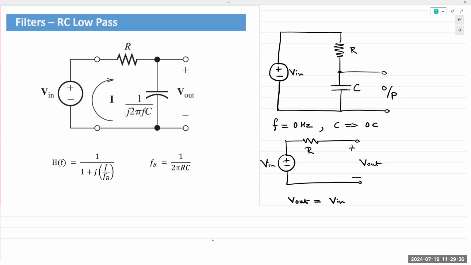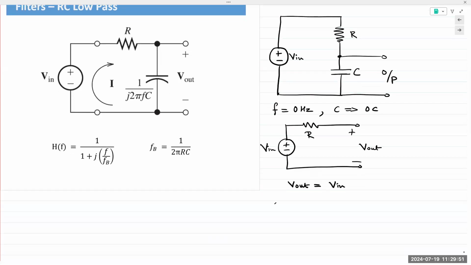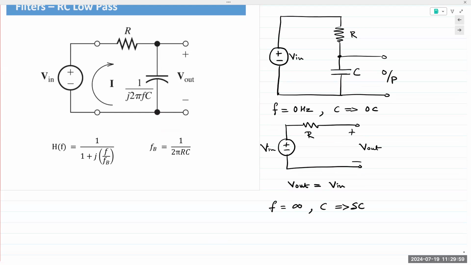If you have V in and the frequency of V in is low, output would be equal to V in. On the other hand, if frequency goes high, if it tends towards infinity, the capacitor is replaced with a short circuit.